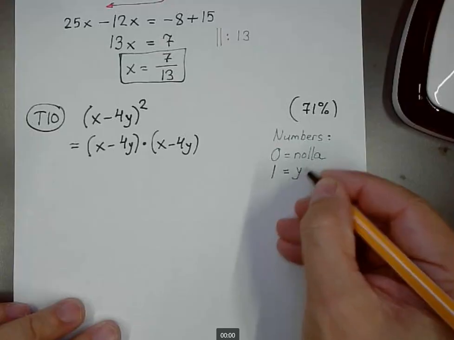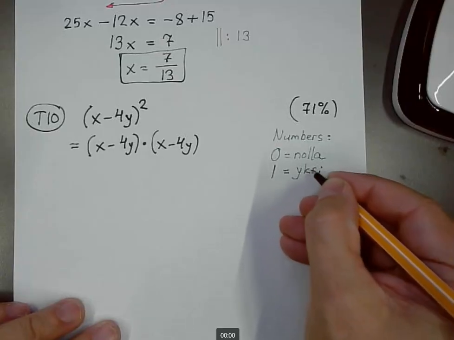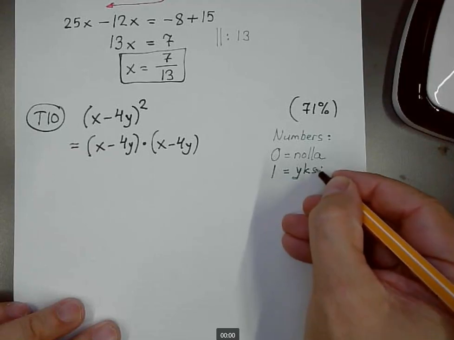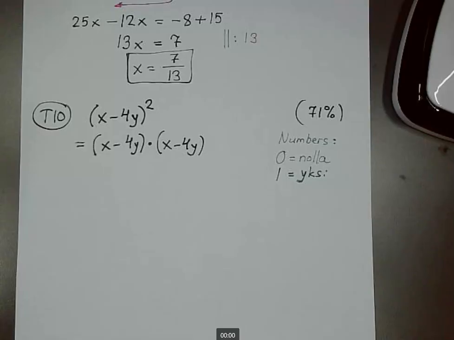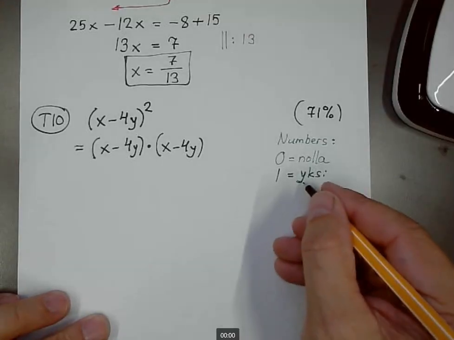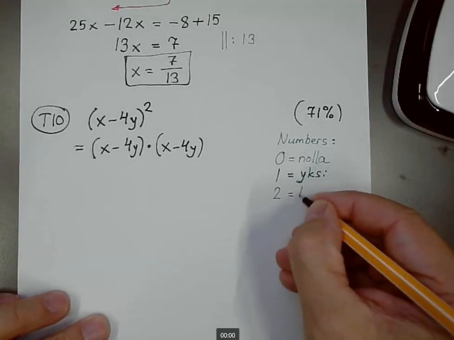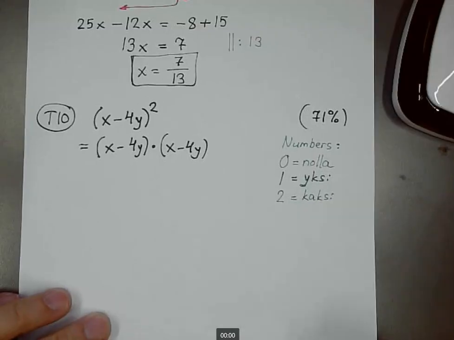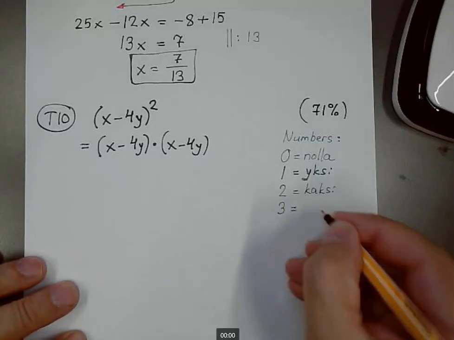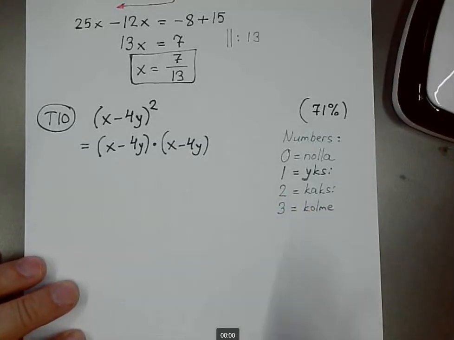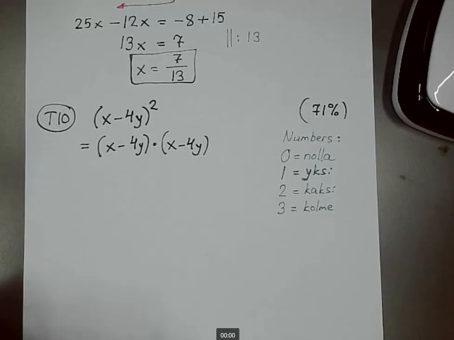Number one in Finnish, yksi. I will write these. You don't have to remember these, but if you somehow start to notice these numbers when you see Finnish text or hear Finnish people talking, it may help you sometimes to understand what they are talking about. Yksi and two is kaksi. And I take 3, not anymore today. 0, 1, 2, 3.